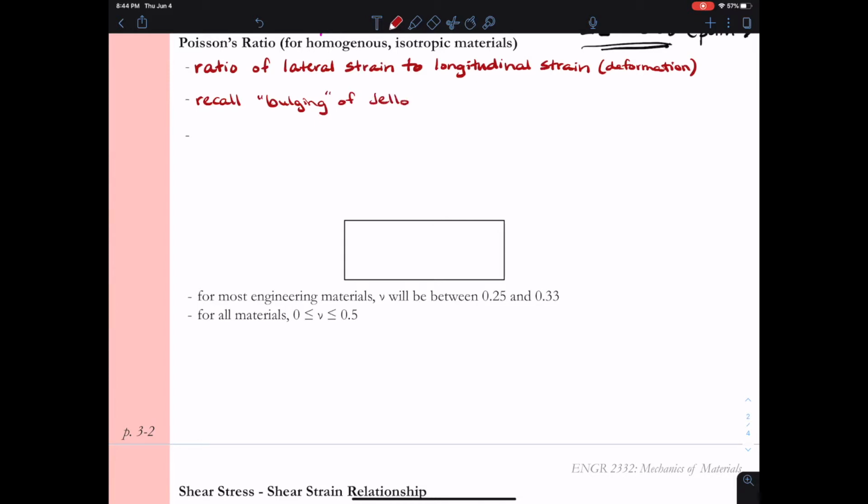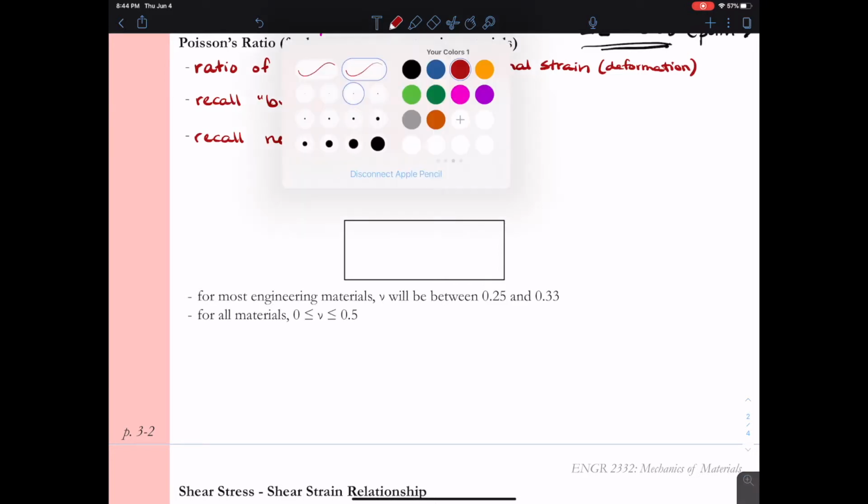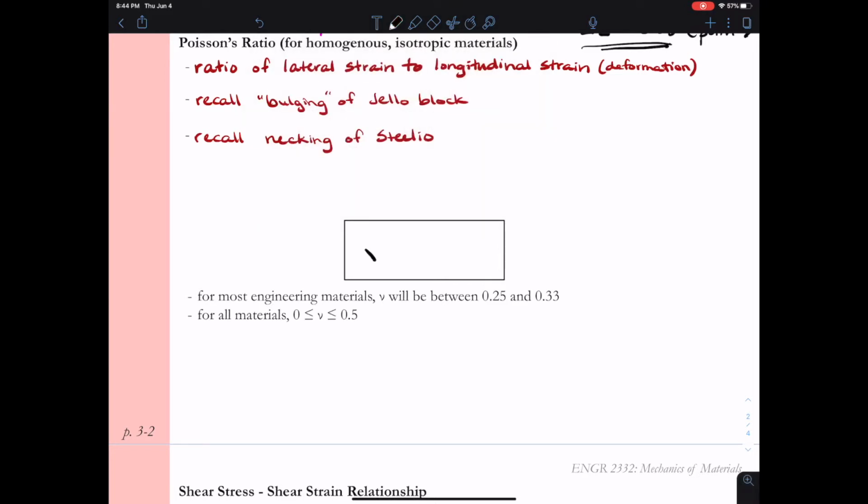Poisson's ratio will be represented by the Greek letter nu. The Greek letter nu looks like a little V, but with a little curly aspect to it. I draw it as such. You'll see it's kind of like a V, and then it has a little bit of a curl to it.